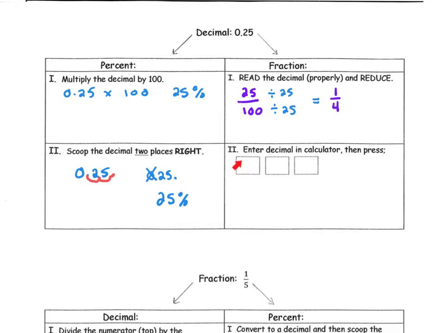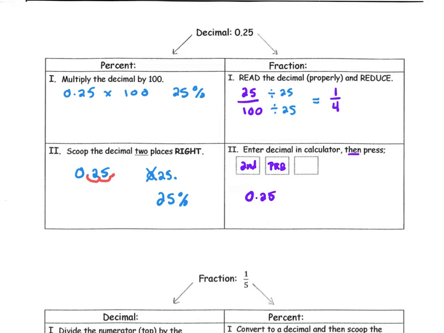The second method is to once again use our calculator. And we're going to enter the decimal in the calculator and then press a few more special keys. So we are going to enter our decimal. In this case, it's 0 and 25 hundredths. Then we're going to press the second key in the upper left-hand corner, and then you're going to find a key that says PRB.